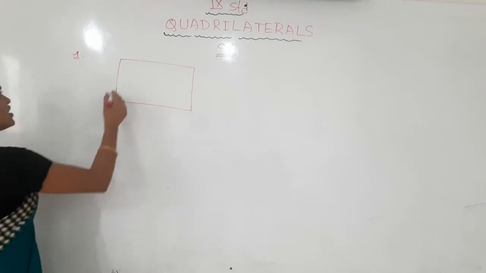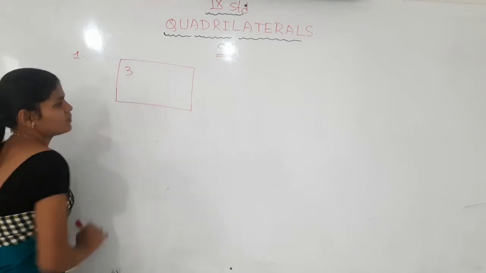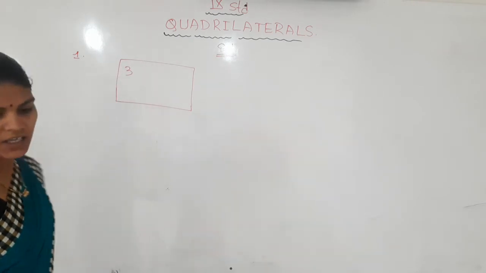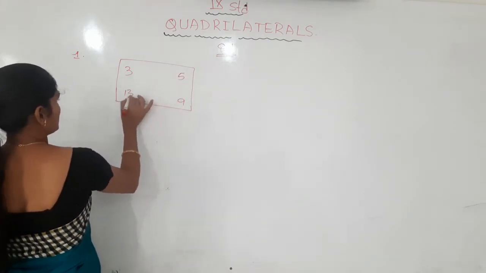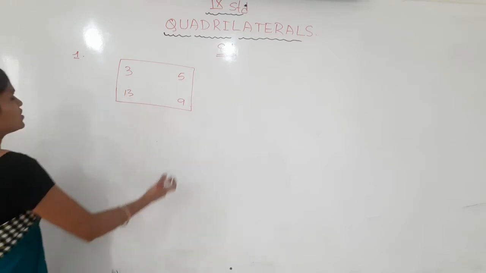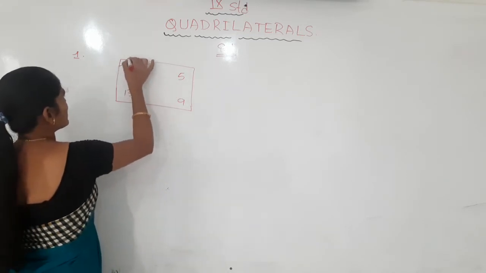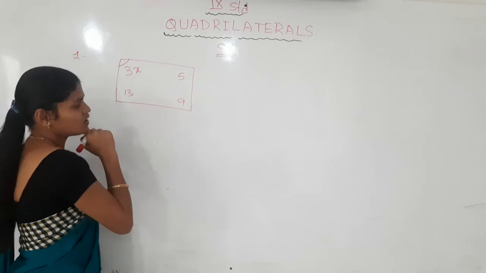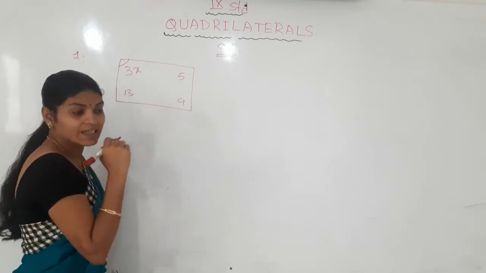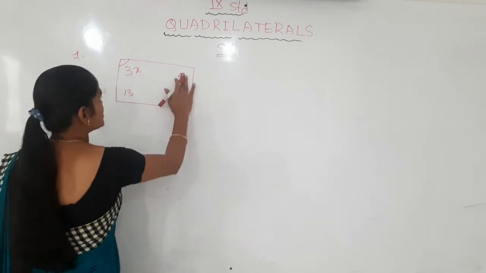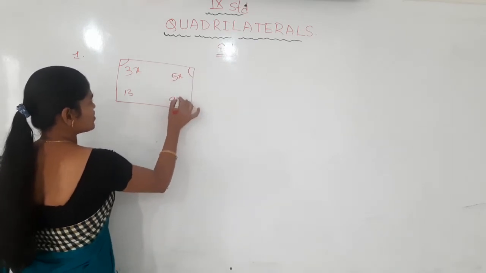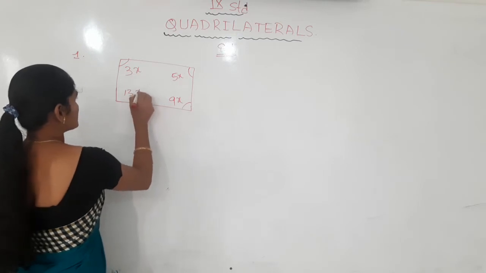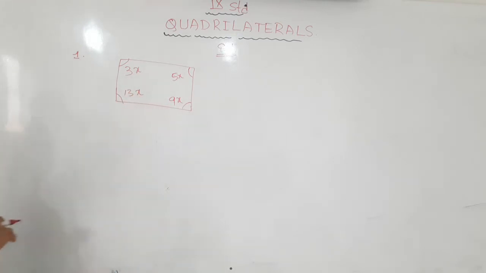Here the angles are in the ratio 3 is to 5 is to 9 is to 13. In terms of ratio, it means one angle is 3 times, another is 5 times, another is 9 times, and another is 13 times.